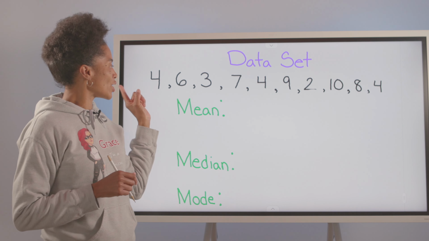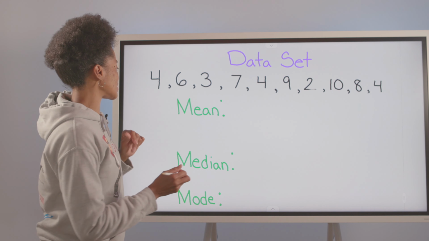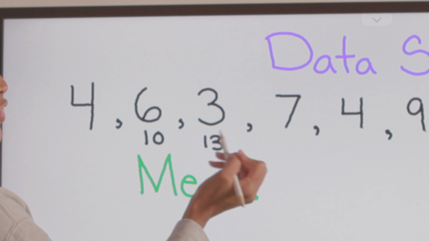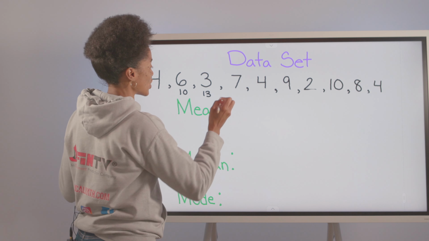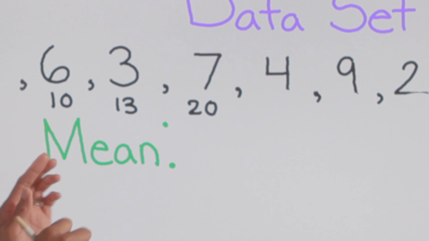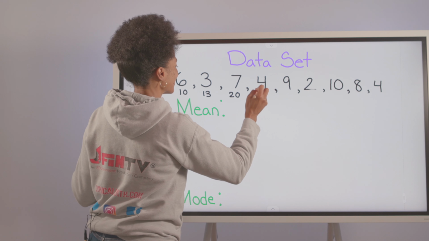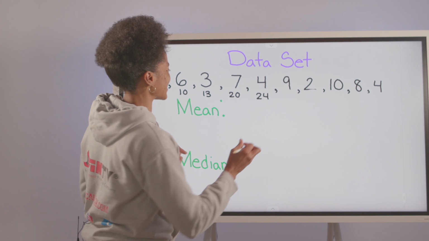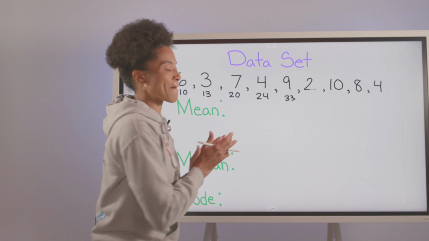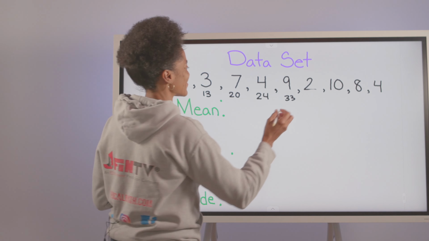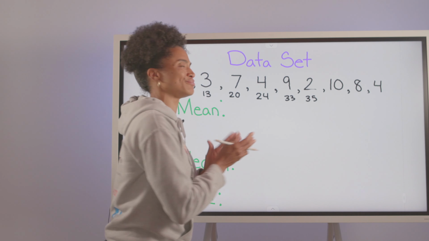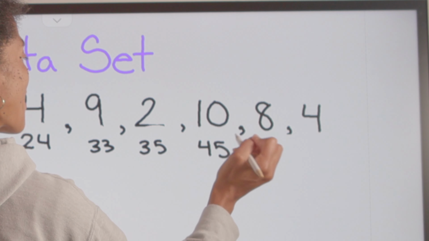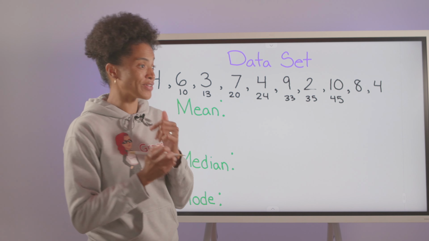Let's get started. We are going to first add 4 plus 6, which gives us 10. 10 plus 3, 13. 13 plus 7, 20. 20 plus 4, I know you know it, 24. 24 plus 9, 33. 33 plus 2, 35. 35 plus 10, piece of cake with a little icing, 45. 45 plus 8, 53.